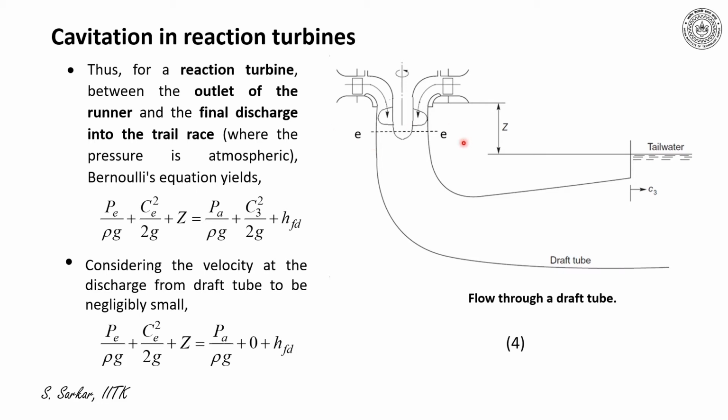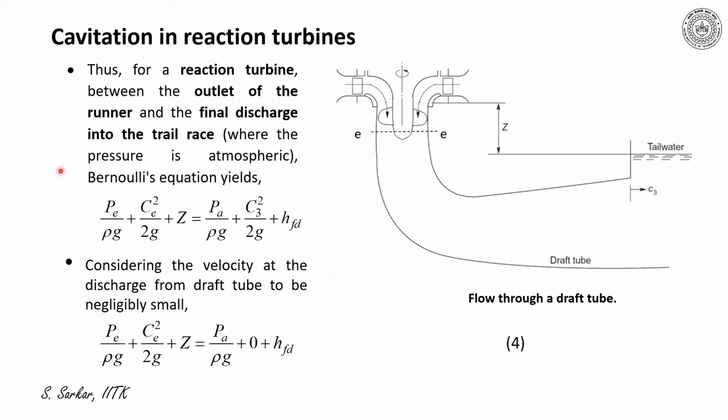Section E indicates the exit of the turbine, and section 3, where the discharge velocity is C3, indicates the exit of the draft tube, where the pressure is equal to the atmospheric pressure. And Z is the elevation where the turbine is installed above the tail race.